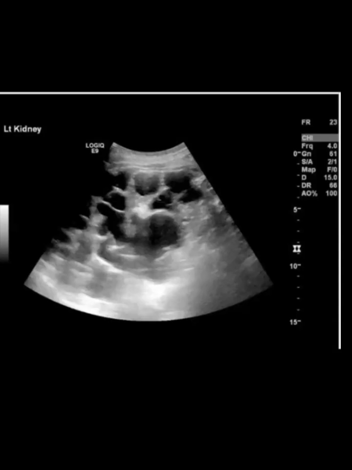And if the age is 40 to 59, then there must be 2 cysts in each kidney. And if the age is more than 60, then there must be 4 cysts in each kidney.